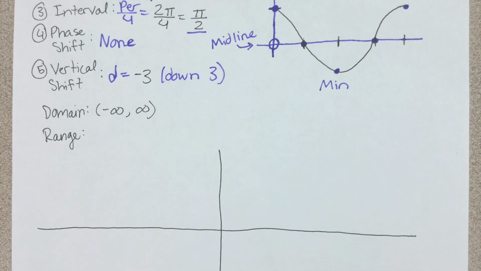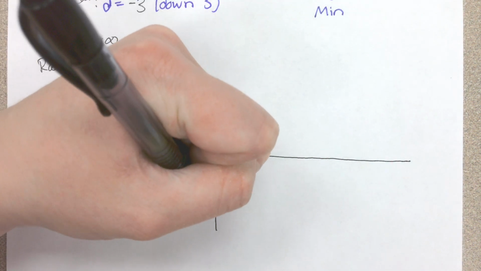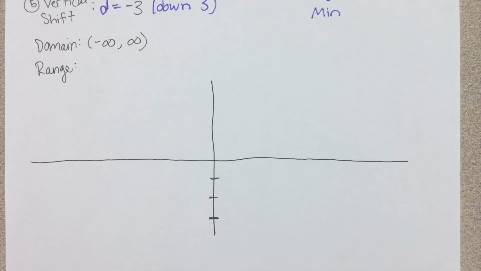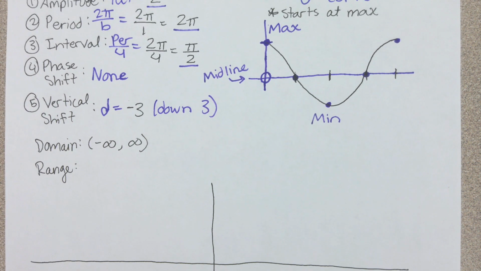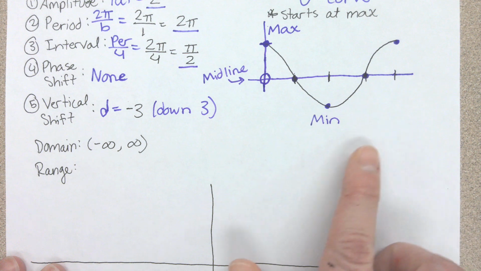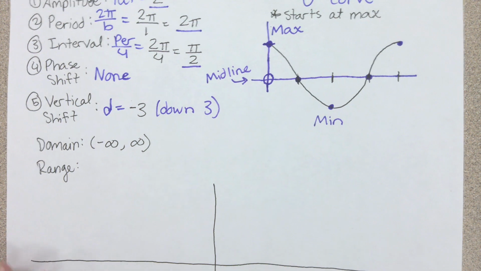First thing we deal with are the shifts. So we have a vertical shift of down 3. Now here's the thing, when you do this shift, you want it to affect specifically the origin. Don't move the rest of these points yet, especially that starting point. Move only the origin for now.